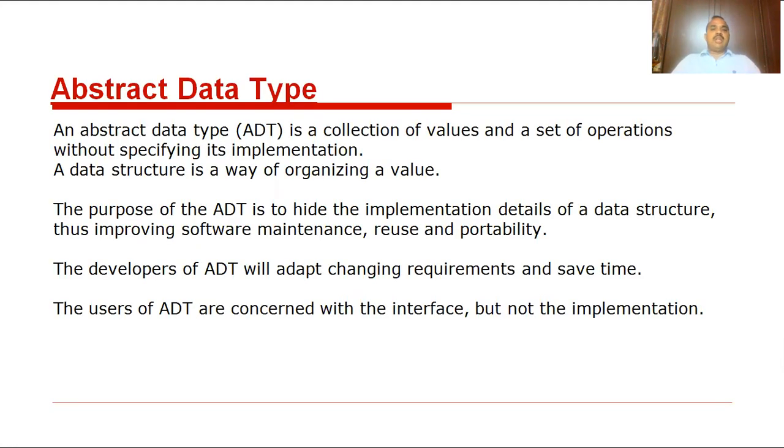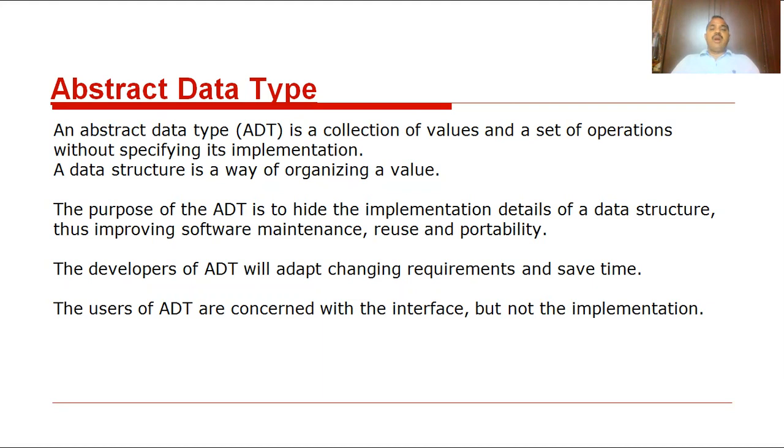Next one is abstract data type. We know the difference between abstract data type and data structures. A set of values and operations without specifying its implementation is called an abstract data type. What is a data structure?